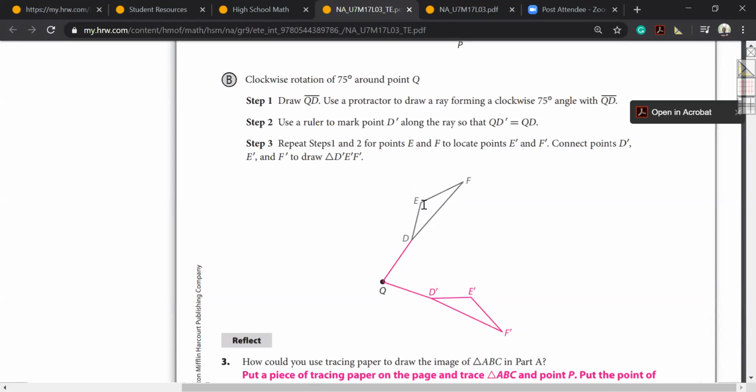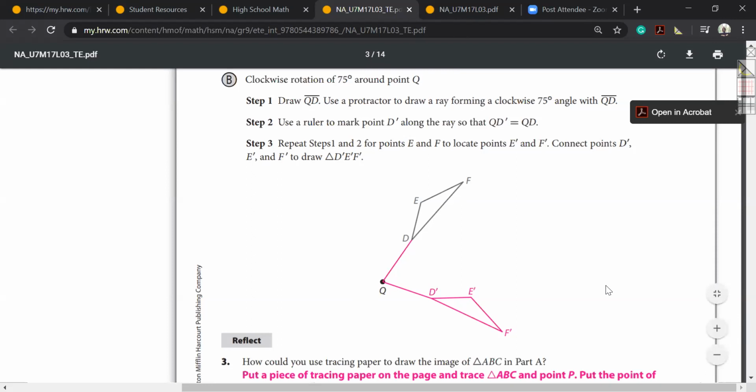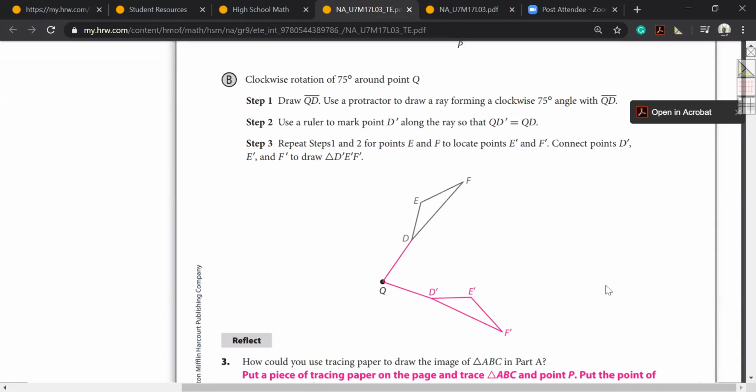And then measure the distance of EQ and copy it in here until you find E prime. And then do the same thing for F. Actually, F will be on the same line as QD. As you can see, it's on the same line, just different lengths. So this will be my shape for D prime, E prime, F prime, and then close your triangle.